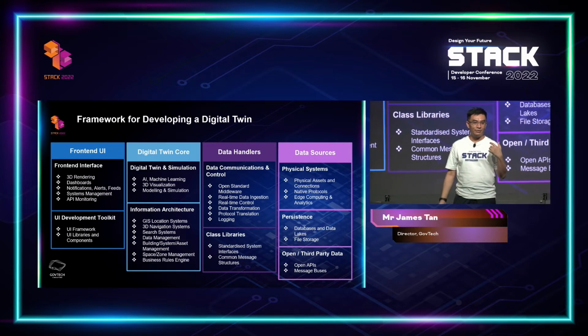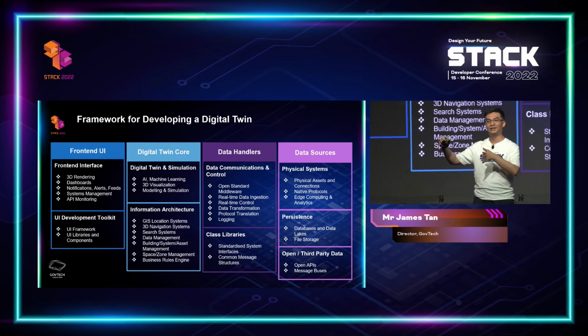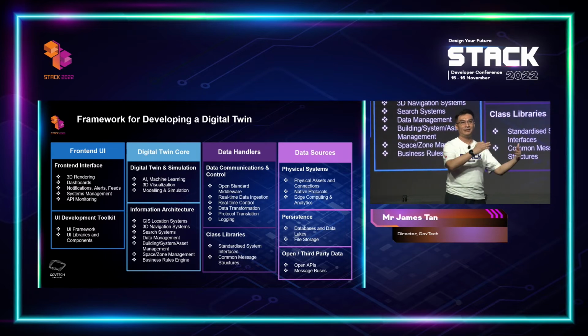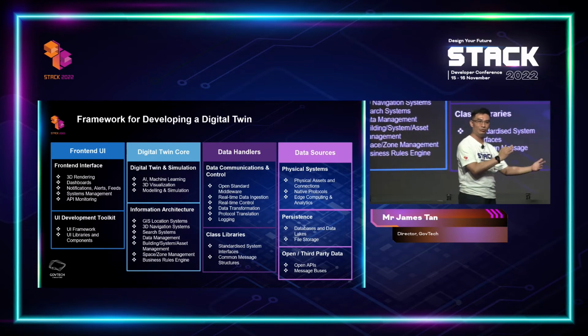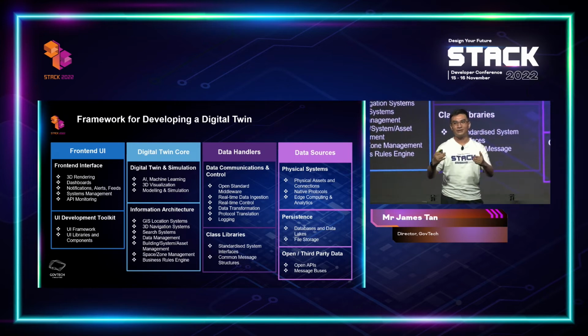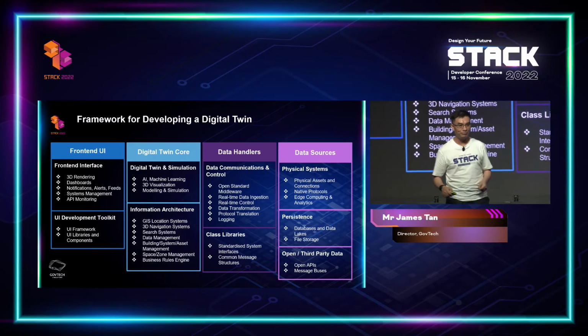For example, you might also want to define zones, where you want to put certain kinds of objects. Is this something for show only? Maybe no need to spend so much time. But this is the zone where you want to focus the centerpiece of your digital twin. That's where you need to spend more time, right?